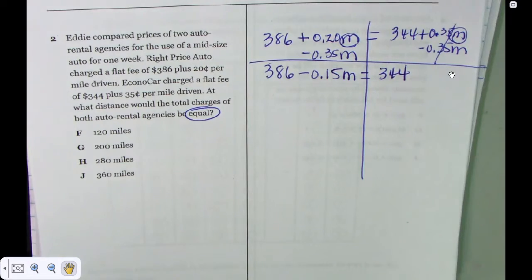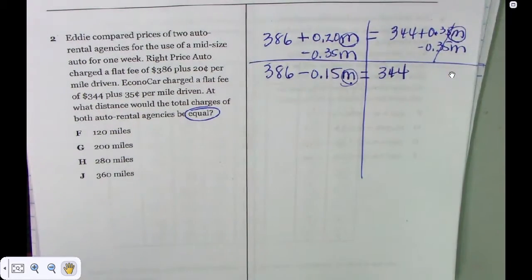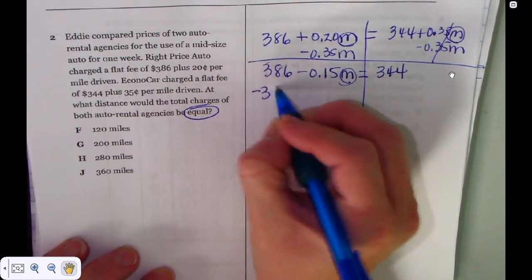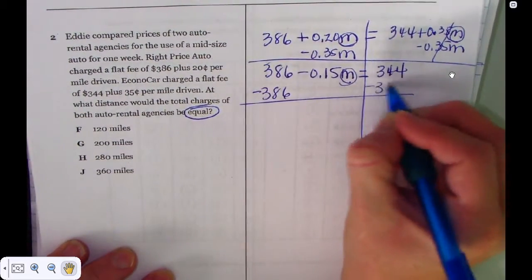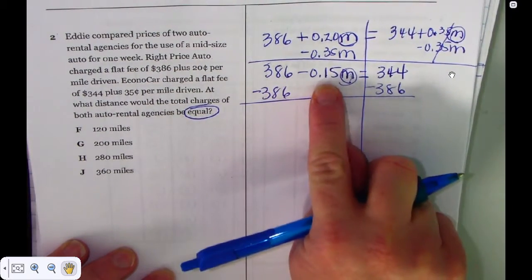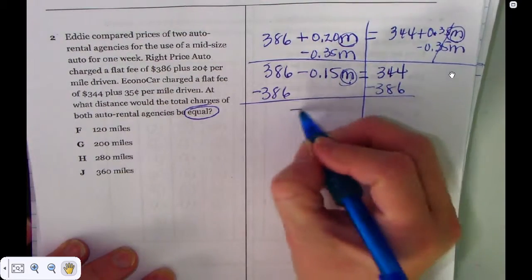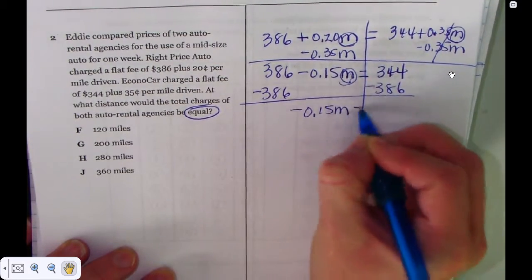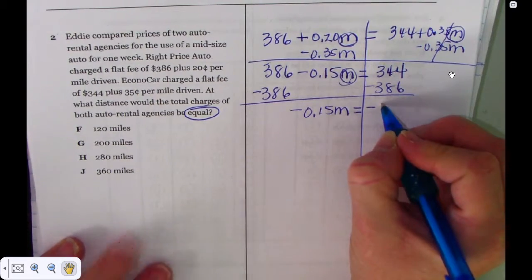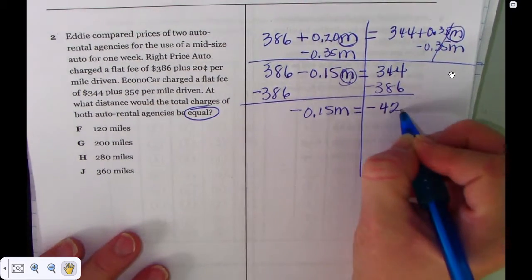Circle the M. I'm going to subtract 3.86. Because, see, I've got my m. I got to get rid of the 3.86 and the negative 0.15. So I'm going to get negative 0.15 m equals negative 0.42.